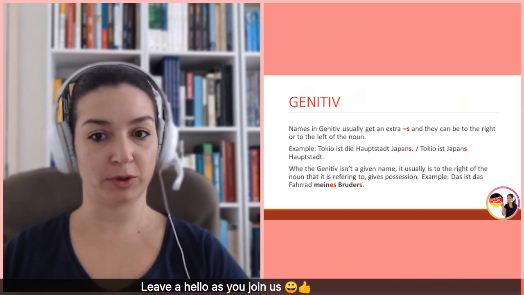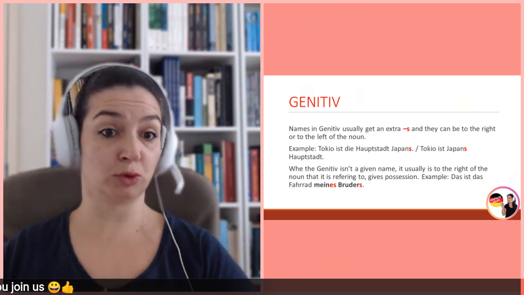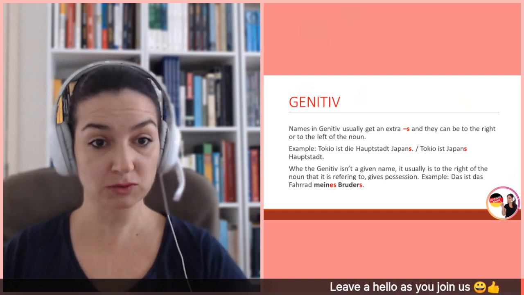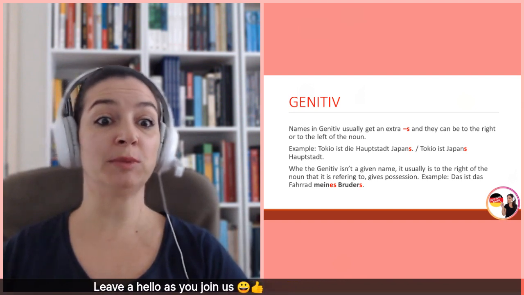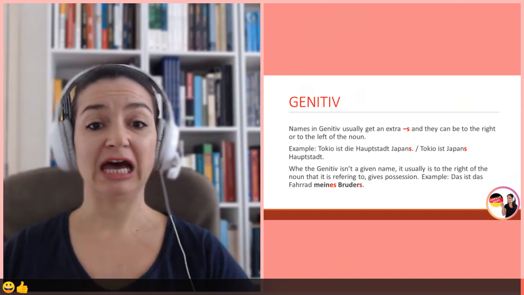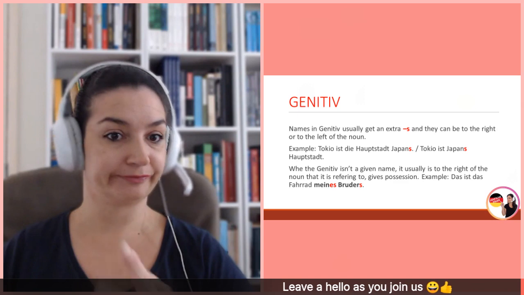For example, das ist das Fahrrad meines Bruders. First I'm talking about the thing that belongs, das Fahrrad, and then I say who it belongs to, meines Bruders. Again, you could just change it and say von meinem Bruder.